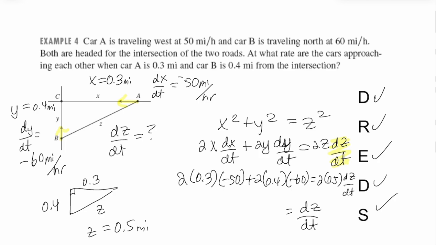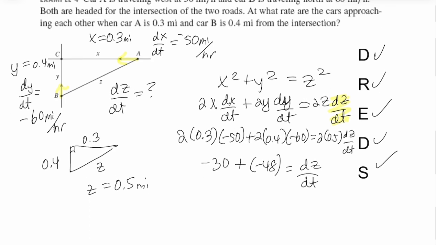But let's do the calculations for this other stuff. 2 times 0.3 is 0.6, times negative 50 is negative 30. 2 times 0.4 times negative 60 is negative 48. Negative 30 plus negative 48 is negative 78 miles per hour.